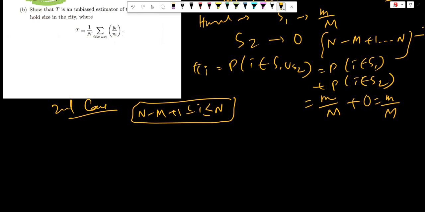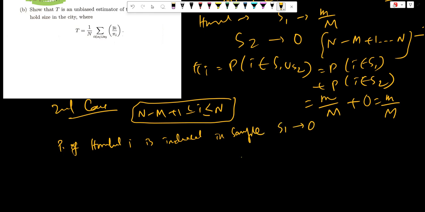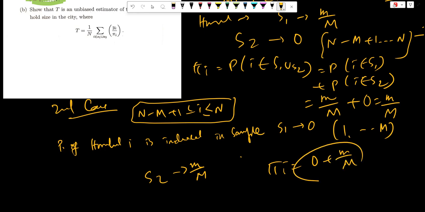So the probability of household i being included in sample S1 is 0, as it is drawn from 1 to m, so there is no chance, and the probability now depends on S2, which is again m by M. Okay, so here pi i will be 0 plus m by M. So that is m by M.